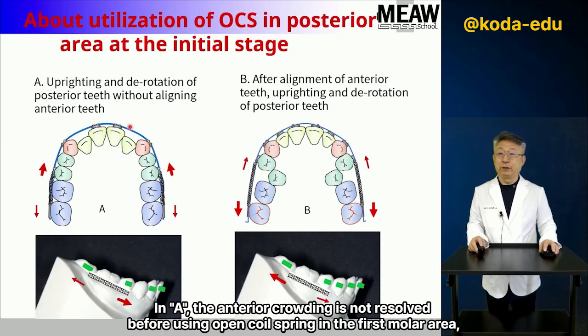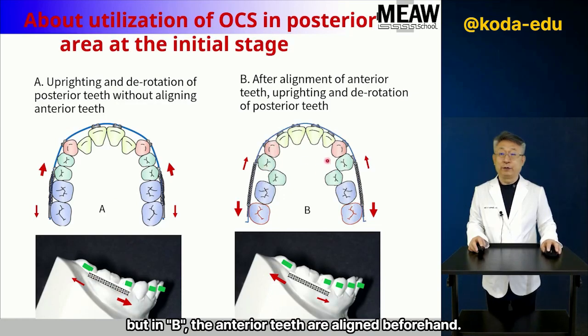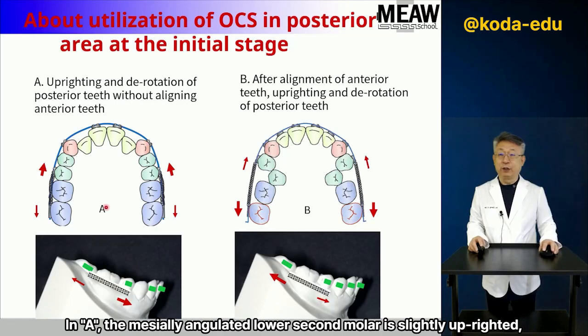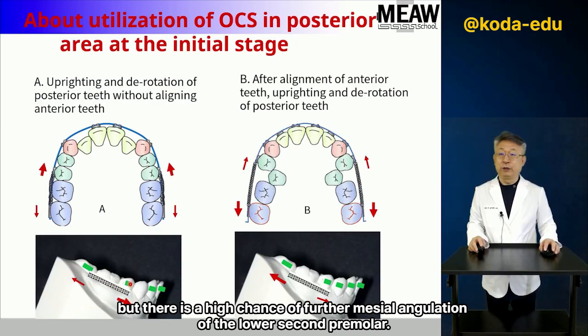In A, the anterior crowding is not resolved before using open coil spring in the first molar area. But in B, the anterior teeth are aligned beforehand. What is the difference? In A, the mesially angulated lower second molar is slightly uprighted, but there is a high chance of further mesial angulation of the lower second premolar.